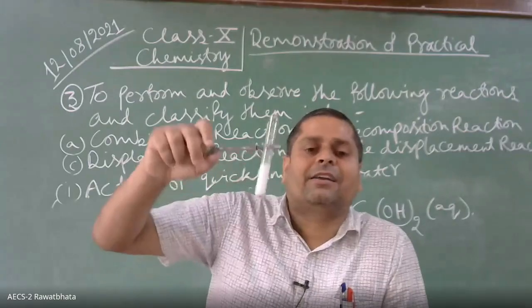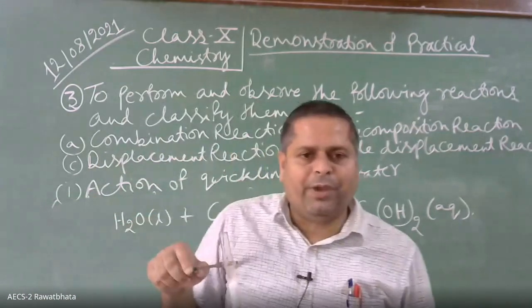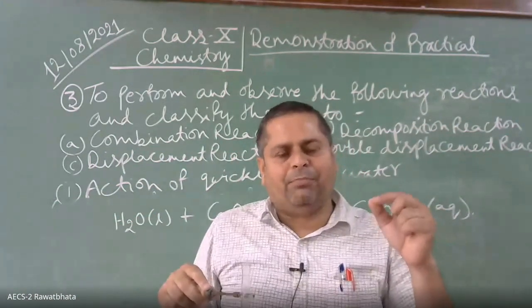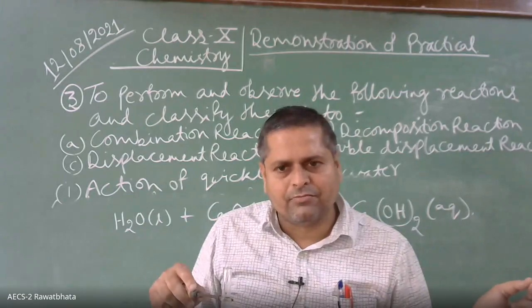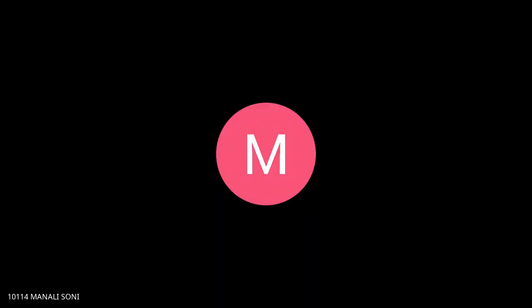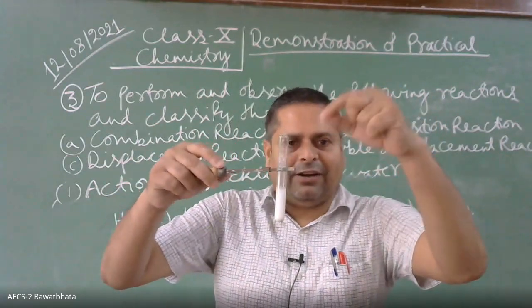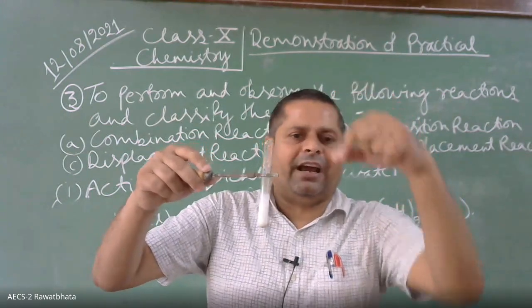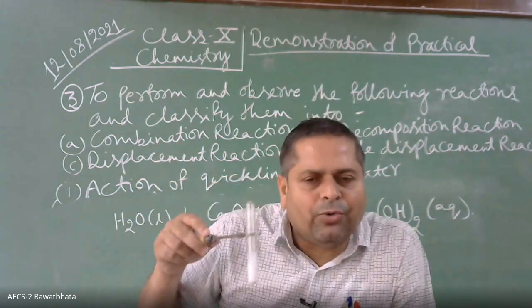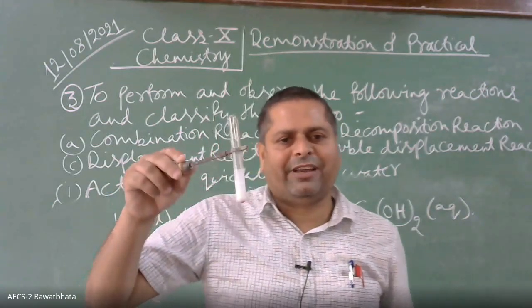Then see, calcium hydroxide is a base. Red litmus paper, when it is dipped in the solution of calcium hydroxide, its color will change to blue. So red to blue. So this is how we can test.